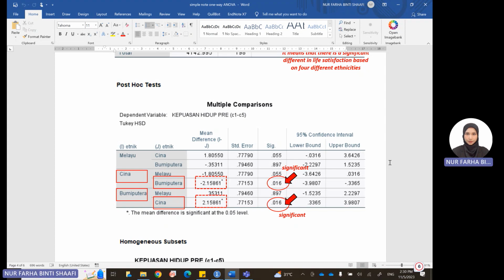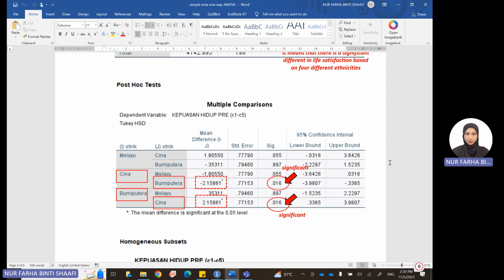Okay, the formula is Chinese minus Bumiputra equals negative 2.15, meaning that Chinese ethnic is different from Bumiputra, but less, about 2.15. Meaning Bumiputra is higher than Chinese, but Chinese is less than Bumiputra, but how much? About 2.1. That's why negative there.